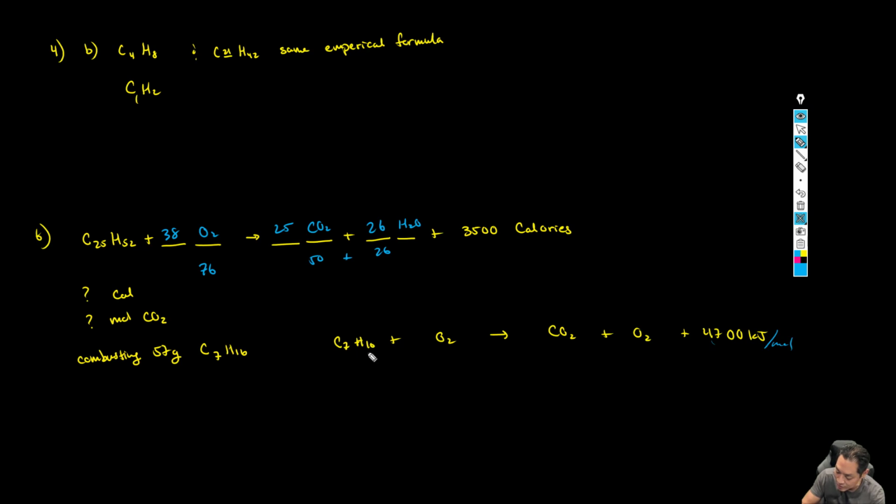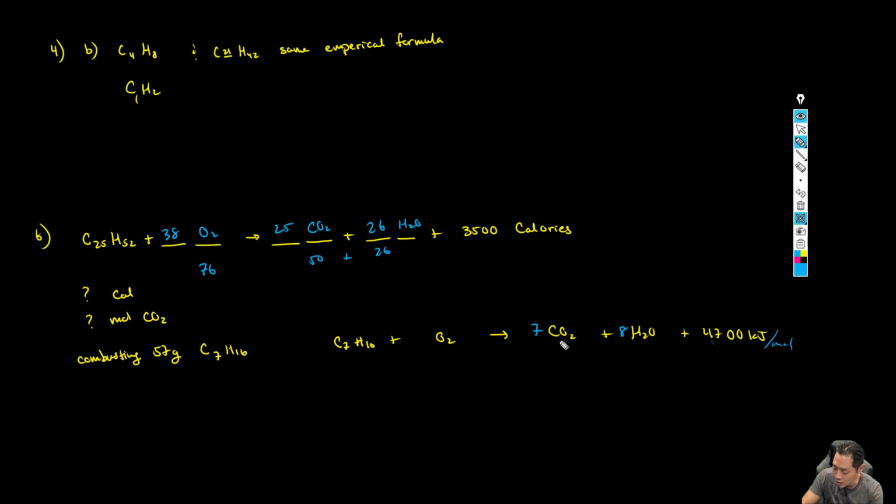So I have C7, so that means I need 7 here. H16, so that means I need... Oh, I did it wrong. Shoot. Not O2, H2O. There we go. All right, let me fix it now. Go back to blue. All right, so C7, 7, H16, so that means I need 8 H2Os.